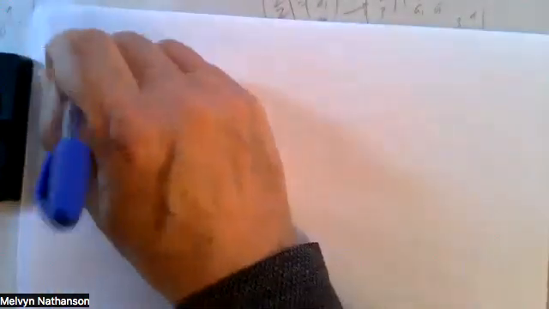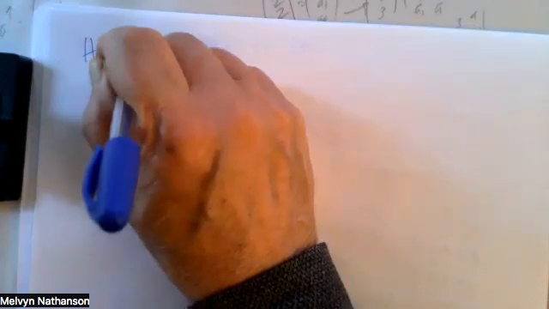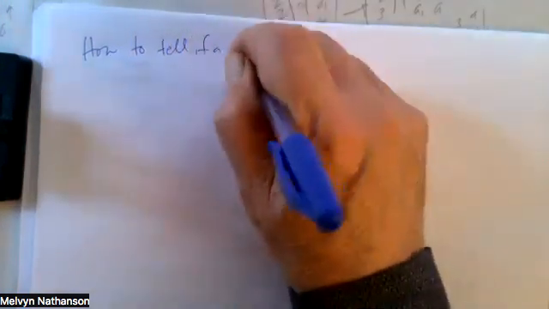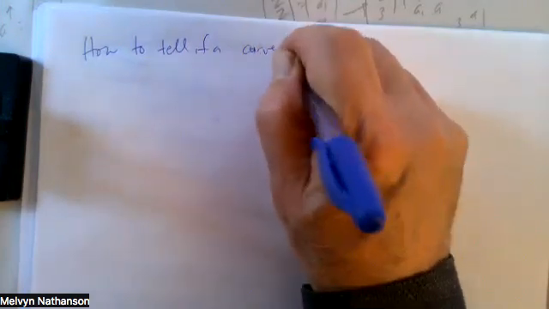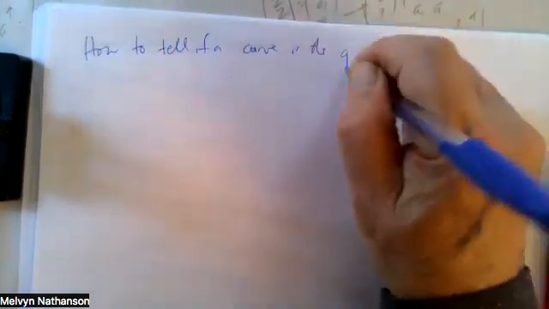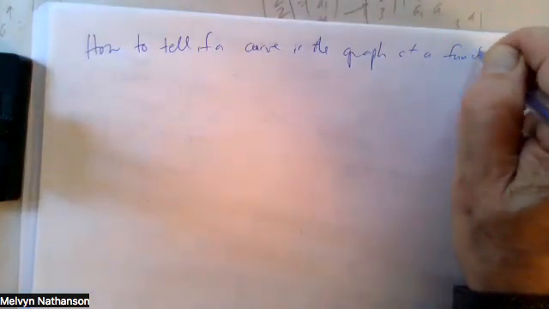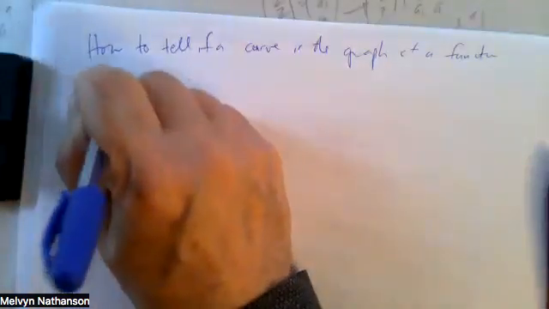So in Calculus 1, how to tell if a curve is the graph of a function y equals f of x.